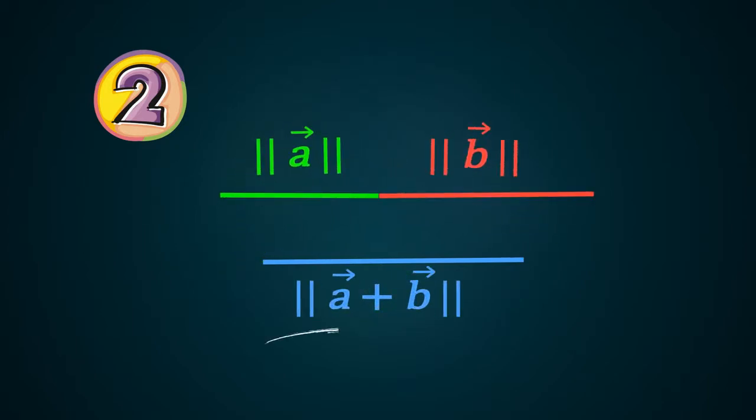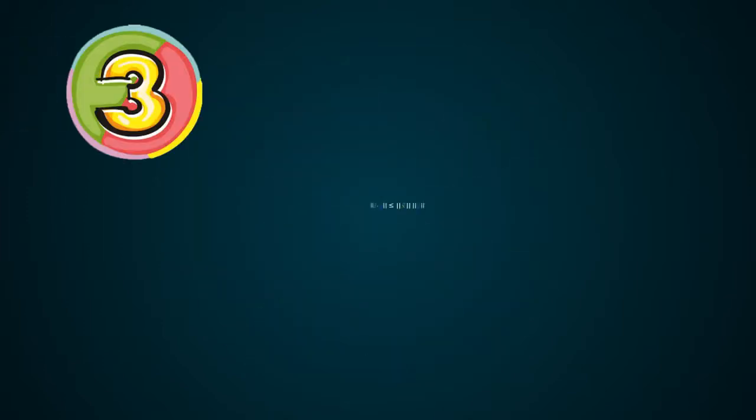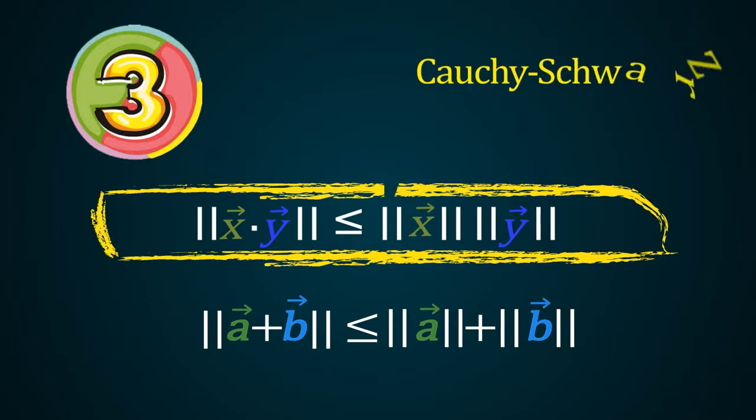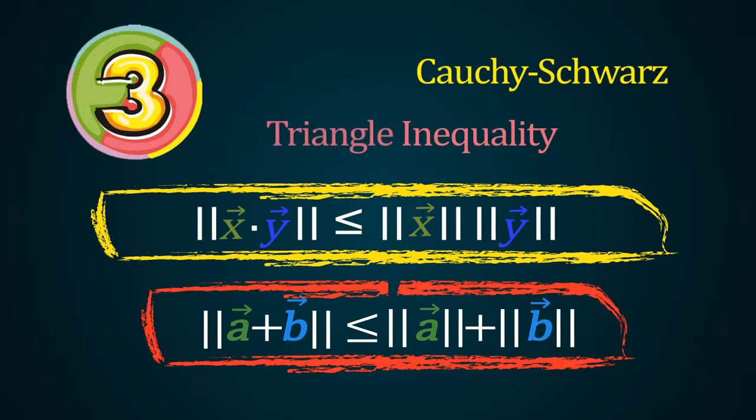Namely, the length of one side of a triangle is smaller than the sum of the length of the other two sides. But most importantly, besides Cauchy-Schwarz, this form of triangle inequality will be your most useful tool in this course.